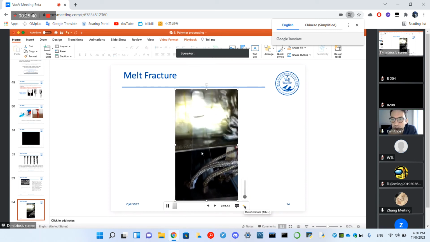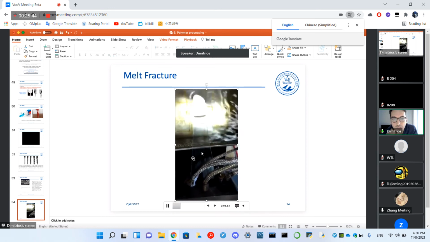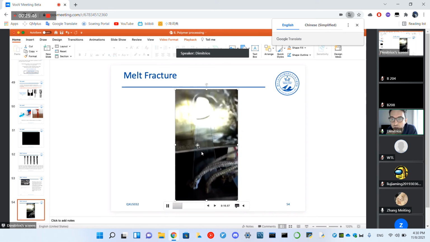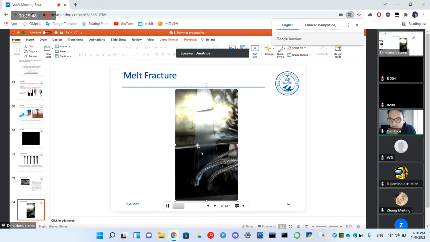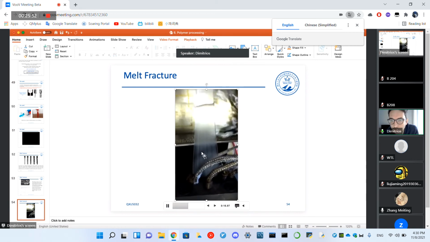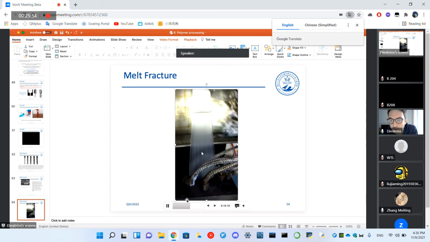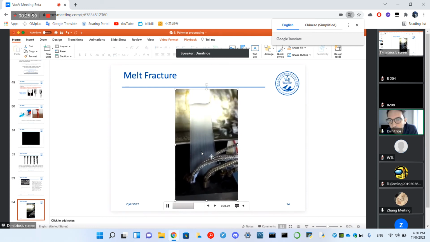So you can see this is the polymer that's coming out, that's extruded in sheet form, okay? And already here we can see that it is developing some different colors. The polymer changes color. You can see how now it's almost white because there is internal stress that's developed when extruding.